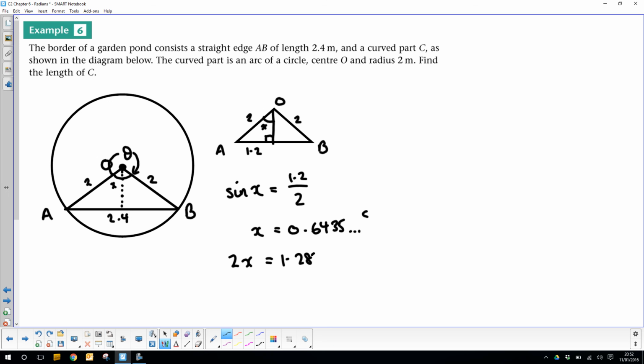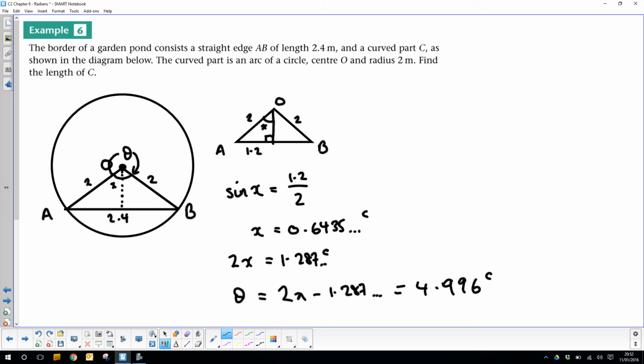But then for theta, we know that theta will equal 2 pi radians minus that 1.287, which allows us to work out the theta value to be 4.996 radians.